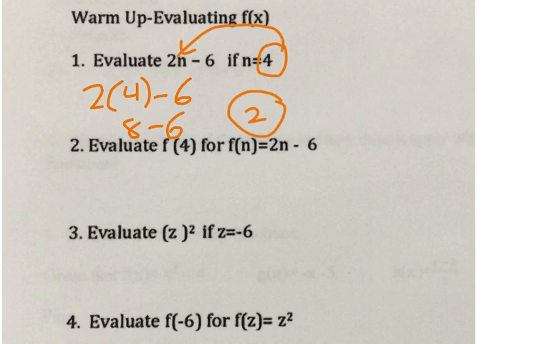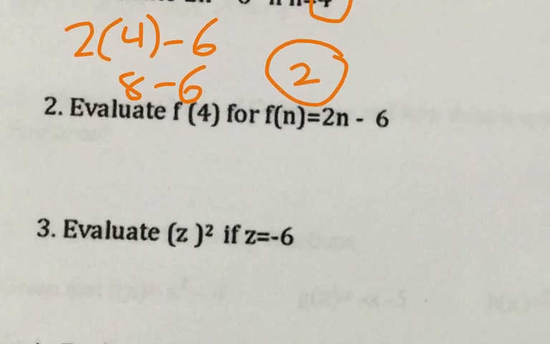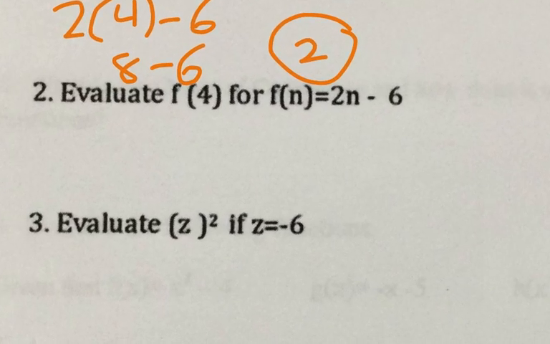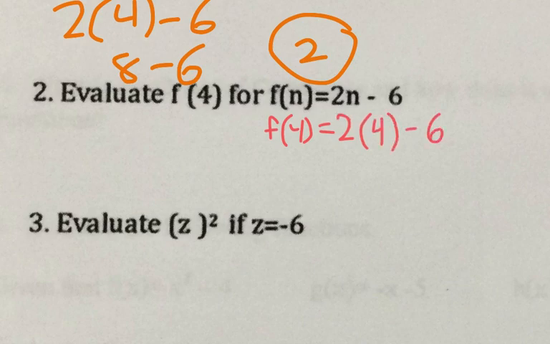Questions on number 1? Number 2, evaluate f of 4 for f of n is equal to 2n minus 6. Well, if I've got the whole function rule, I'm going to plug in 4 for n to find f of 4. So f of 4 would be 2 times 4 minus 6.